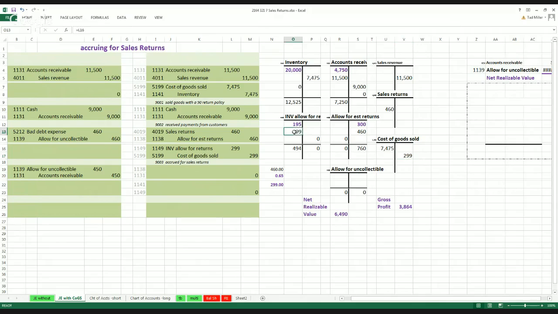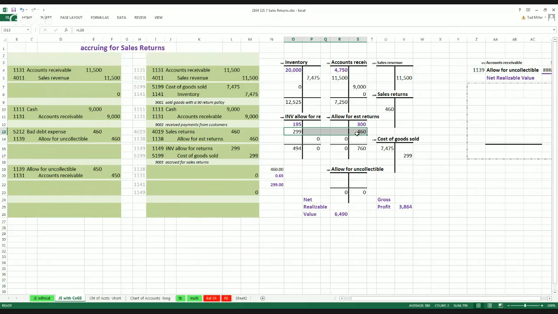Now, a little bit more problematic to me is, I'm calling this an inventory allowance. I'm calling this an asset, this $299, but they may never return the goods to me. Can I call it an asset before they return the goods? Well, that is problematic, but let's think of these two together. Let's think of the inventory allowance account and the accounts receivable allowance account.